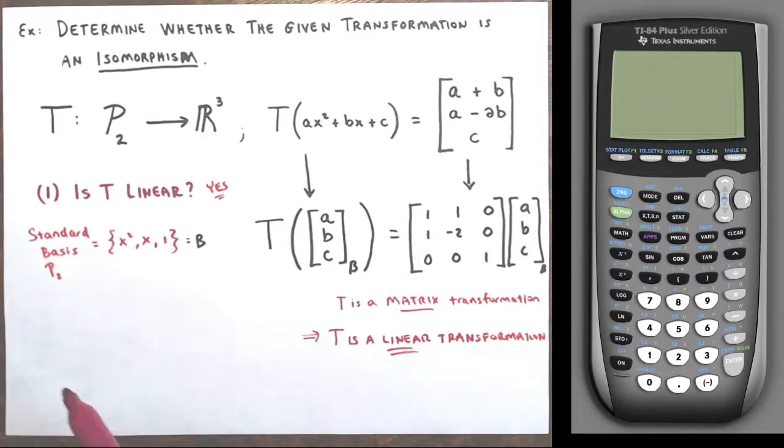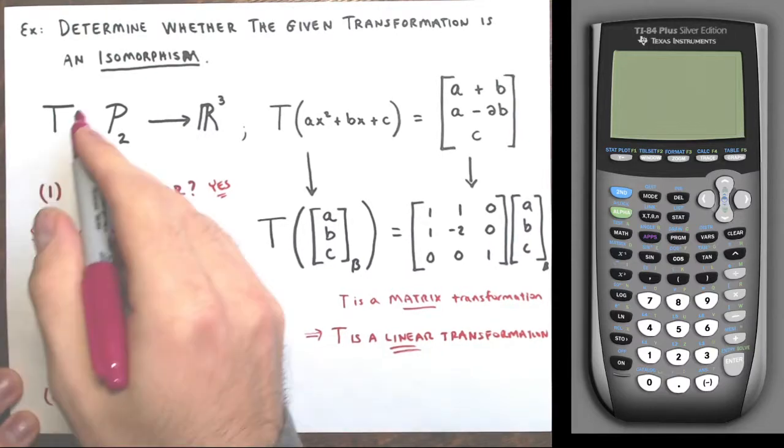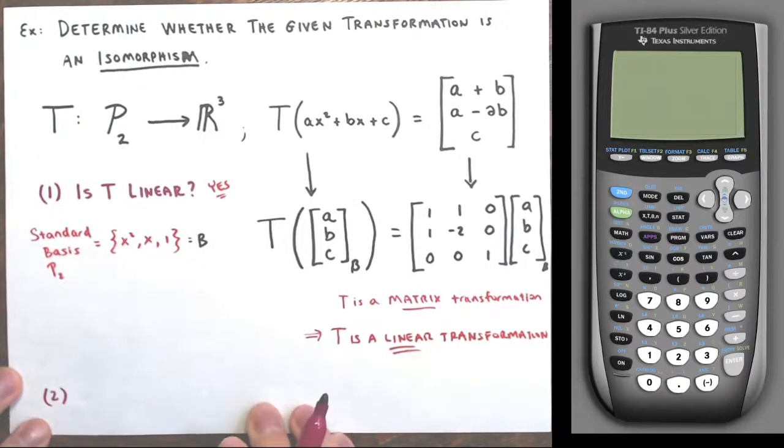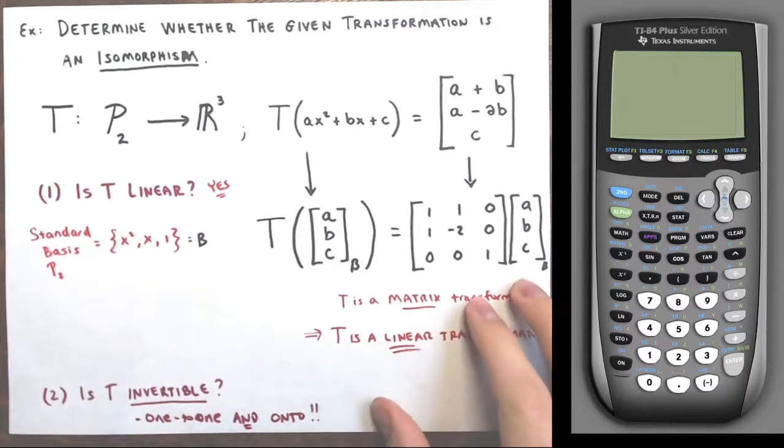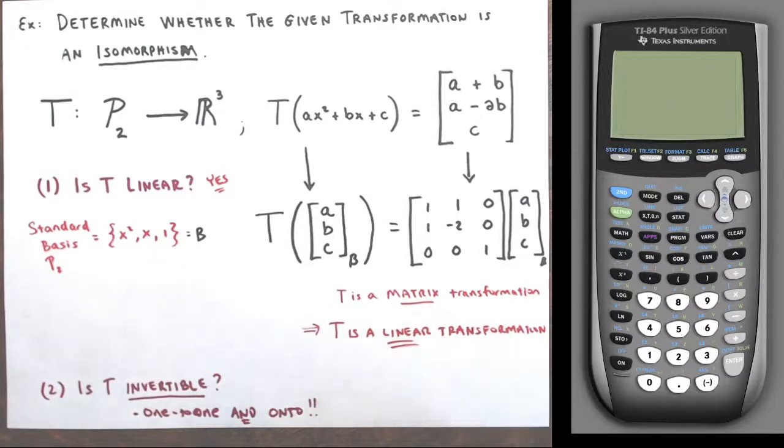Then part two of this question, is T an isomorphism? The question is, is T invertible? Or, again, is it one-to-one and onto? I did a video on this also.